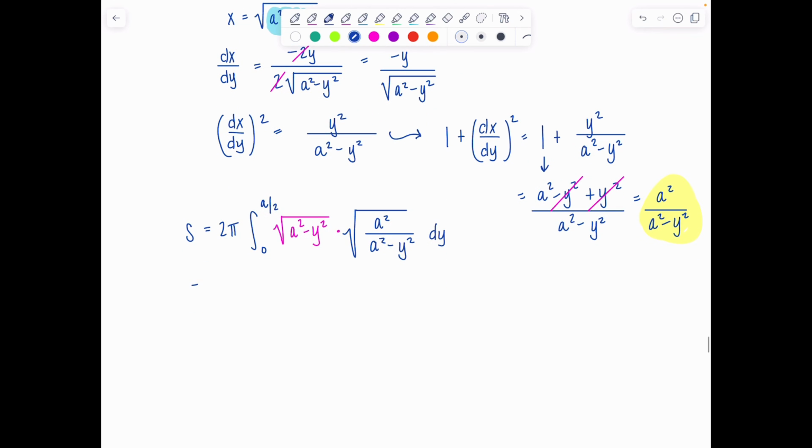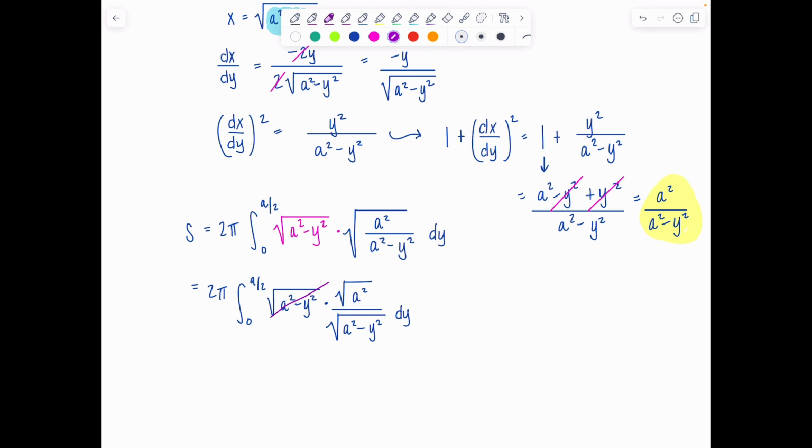So we have 2 pi integral 0 to a over 2 rad a squared minus y squared. We can split up the radical over the numerator and denominator. So I have rad a squared over rad a squared minus y squared dy.